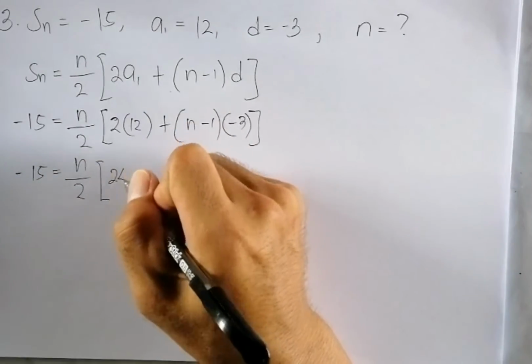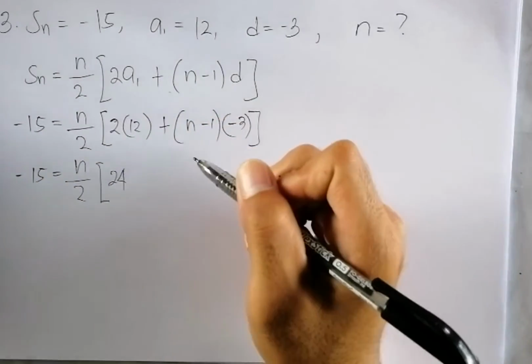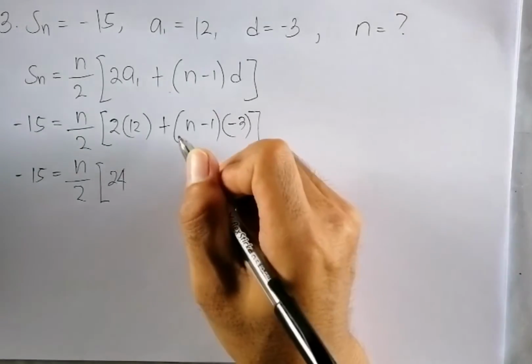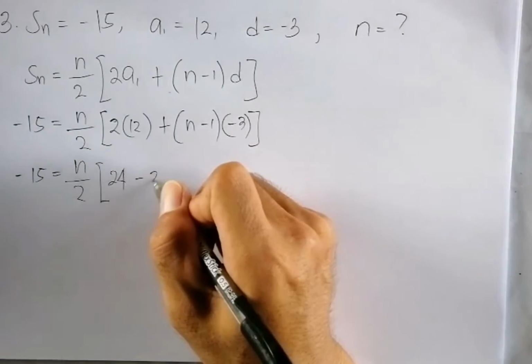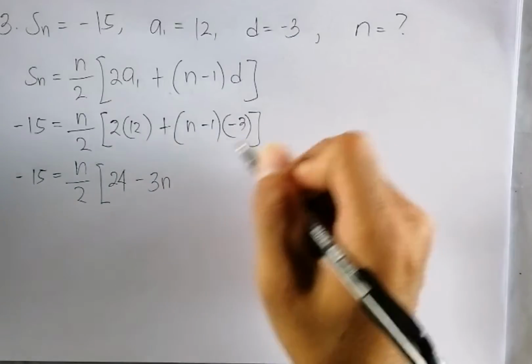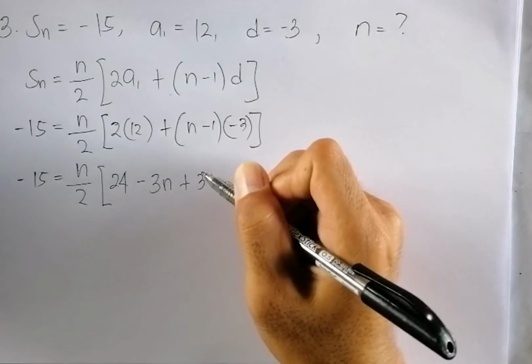Simplify, 2 times 12 is equal to 24, plus n times negative 3, that is negative 3n. Then negative 1 times negative 3, that is positive 3.